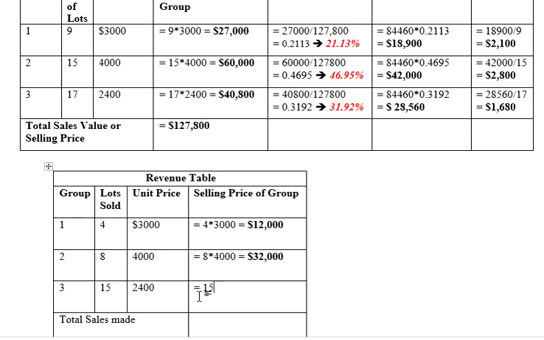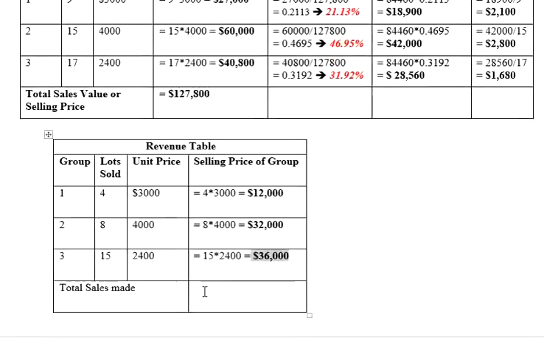In group number 3, I have sold 15 lots at a unit price of $2,400, which means I generated a revenue of $36,000 by selling 15 of the lots of the third group. So if I add 12,000 plus 32,000 plus $36,000, it gives me a grand total of $80,000, which is my revenue for the current year.